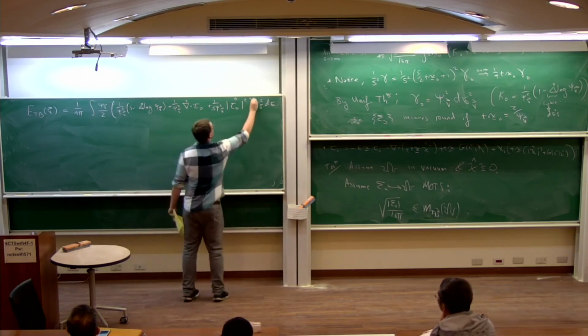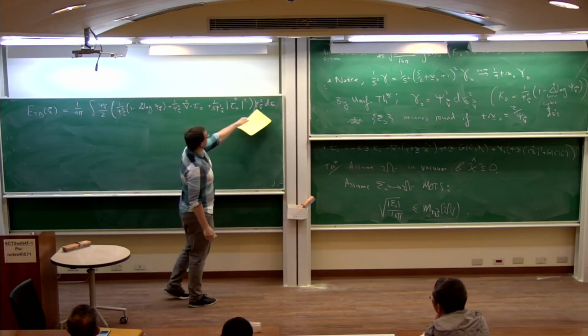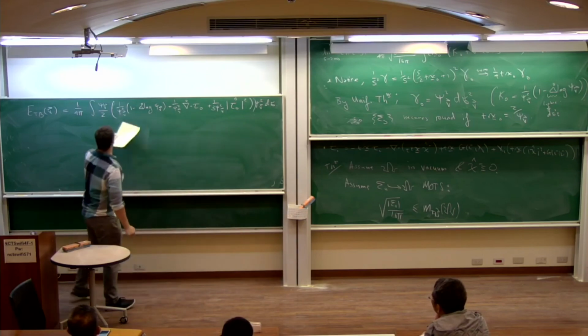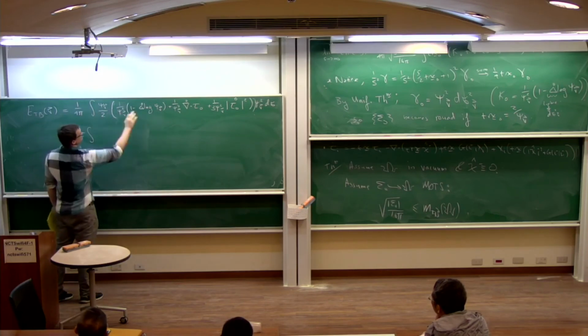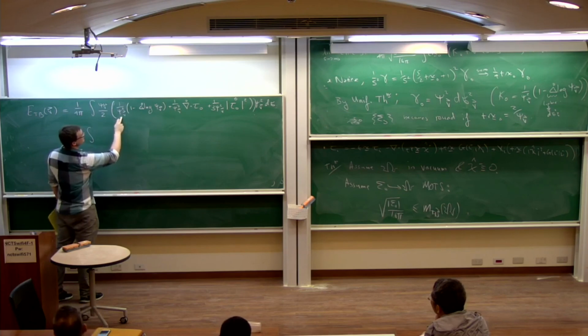Enough parentheses? Yes. Okay, so notice what I get from the area form will cancel everything inside, and then I can perform an integration by parts, and I end up with bringing the 2 out, 1 over 8 pi. So all of the psi squareds and 1 over psi squareds will cancel.